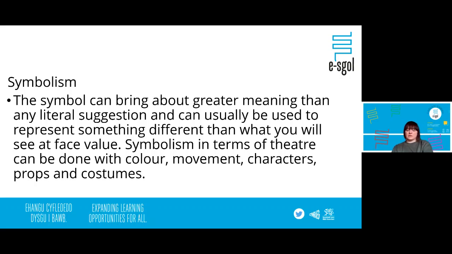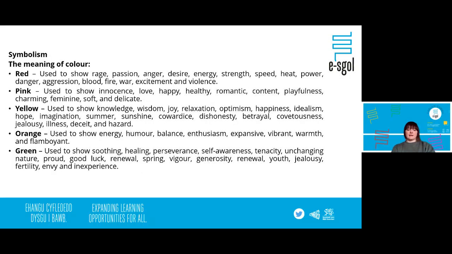So it can be used through colour, movement, characters, props, costumes, etc. It's a device in which an object, person, or situation is essentially given another meaning beyond its literal one. Usually it's something more abstract or non-rational than the symbol itself. And what you find is that sometimes dramatists weave clues into their work to indicate that certain elements are intended to be taken as symbolic.